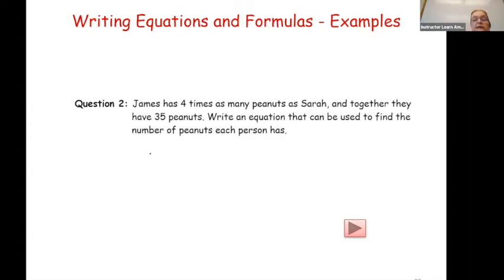So supposing we use an obvious variable of P for peanuts. And since James has 4 times as many as Sarah, the logical choice is probably to let P equal the number of peanuts that Sarah has. And then James is 4 times that, so 4P is the number of peanuts that James has.